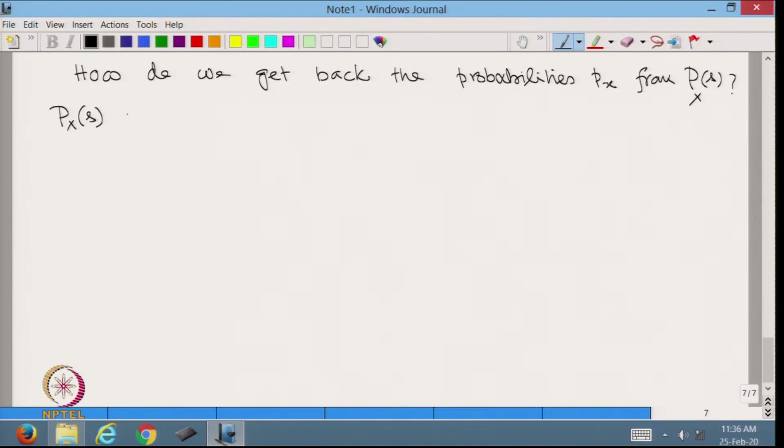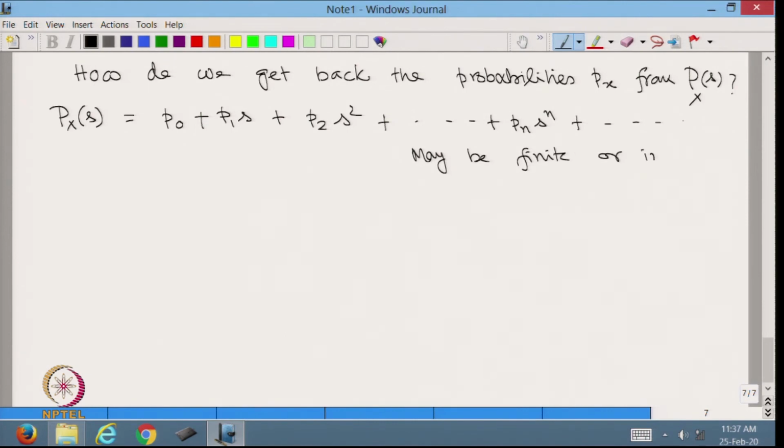P_x(s) is equal to P0 plus P1 s plus P2 s square up to, say, Pn s to the power n; it may be a finite or infinite series.